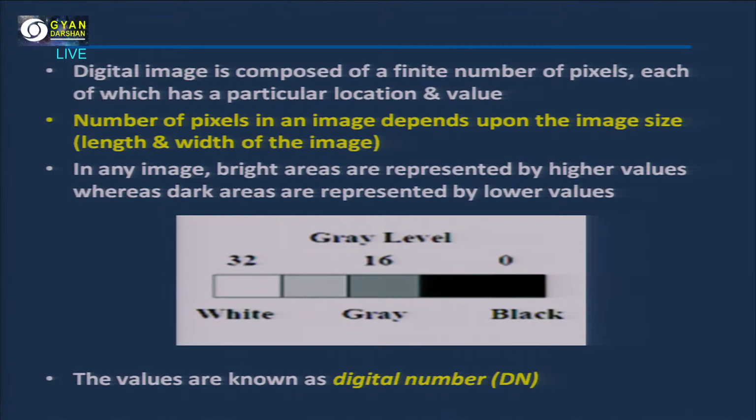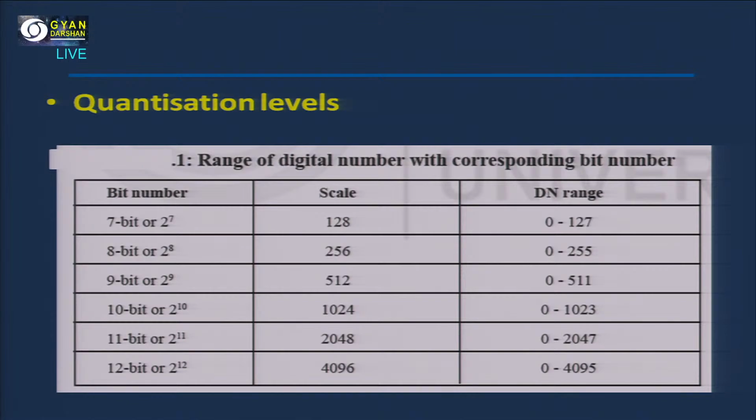Depending upon that, the number of rows and columns are defined. In any image, bright areas are represented by higher values, whereas the darker areas are represented by lower values. As we discussed earlier, these values are known as gray level or digital number, or in short, DN value or DN.